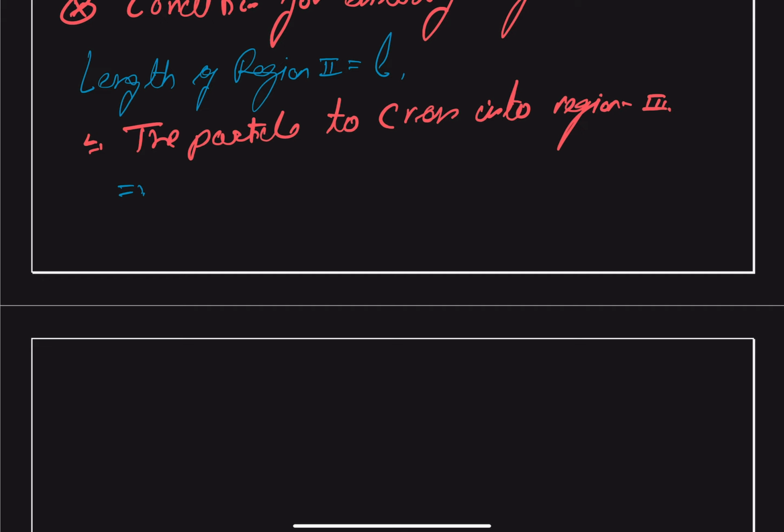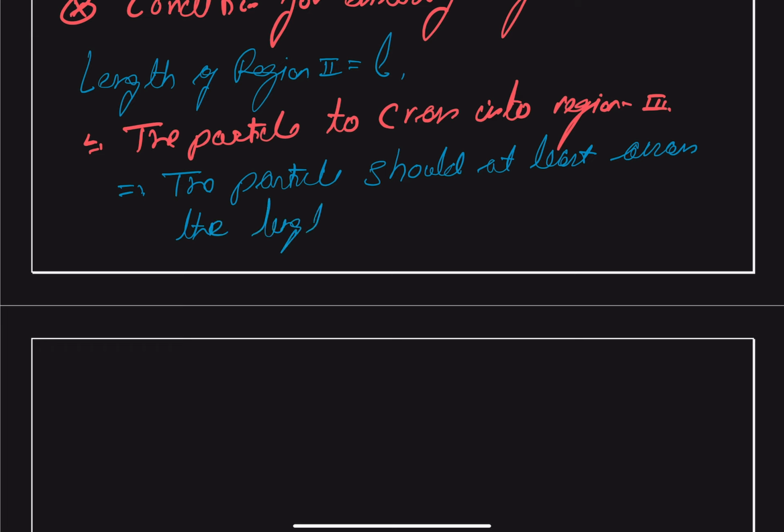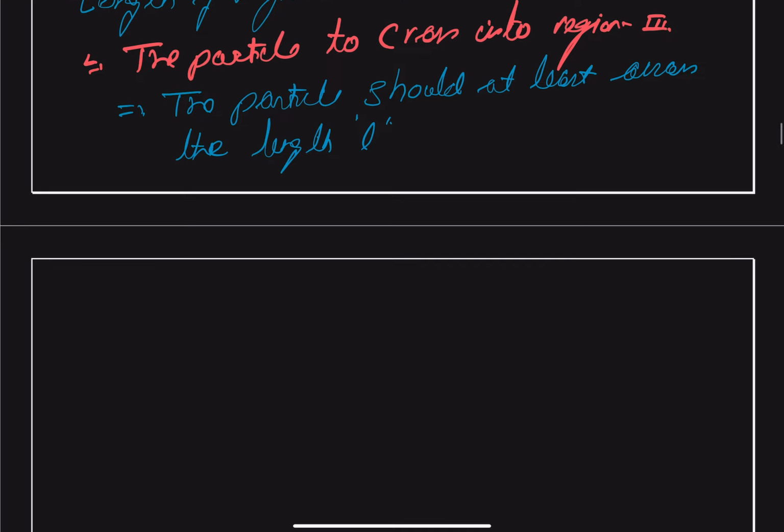the particle should move far enough so that at least it crosses the length L. And we already know that the particle is moving in a circular path of radius r.